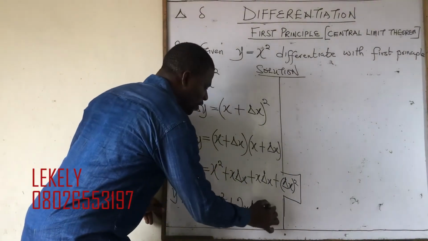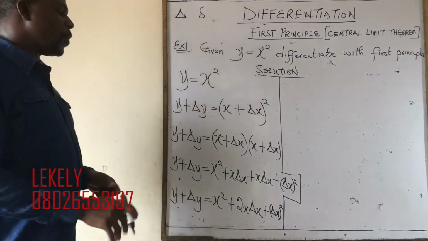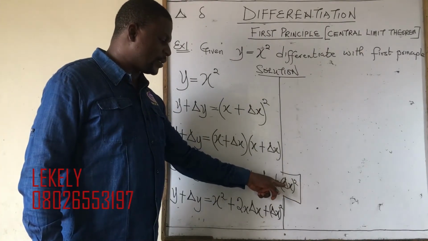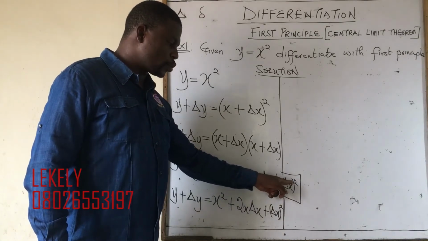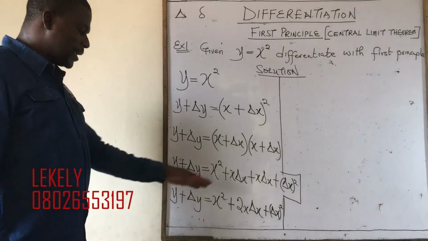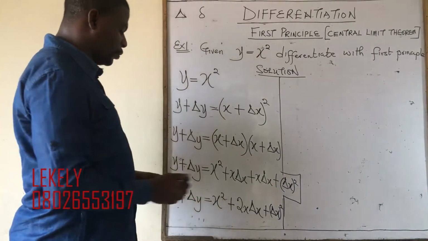Then plus change in x squared. Why I'm putting it in brackets is because I want you to know that the square affects both the change and the x. You will not just put square without putting the brackets. That would be wrong.